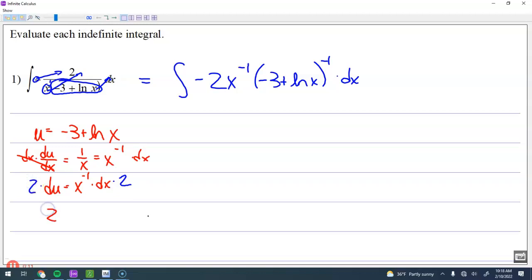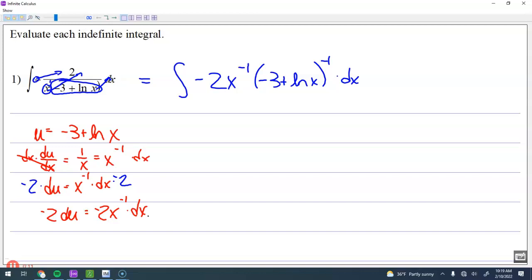And now I know that 2 du is equal to 2x to the negative 1 times dx. Oh yeah, that would be negative 2, wouldn't it? My bad, negative. It's negative because this is negative. Yeah. We good?